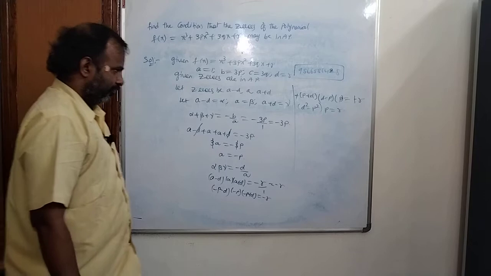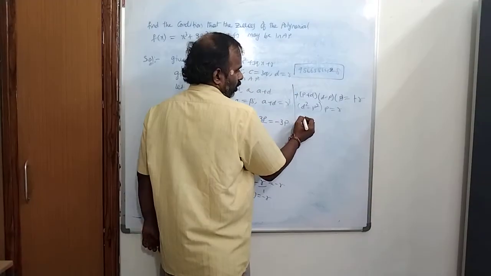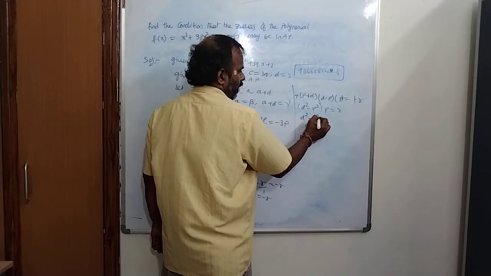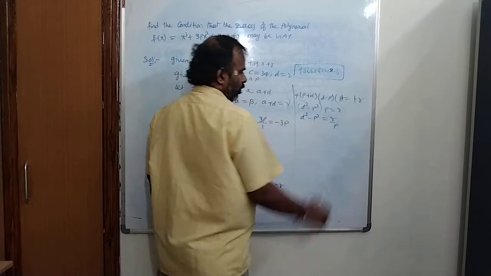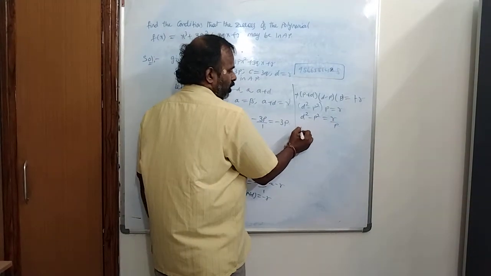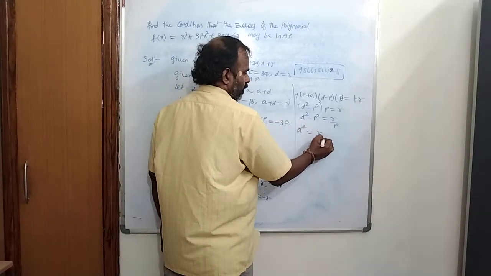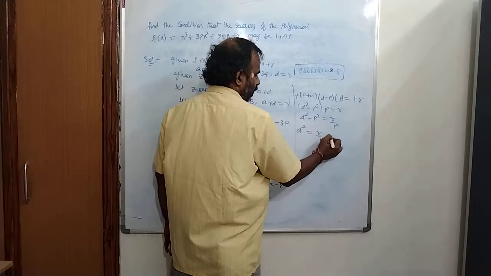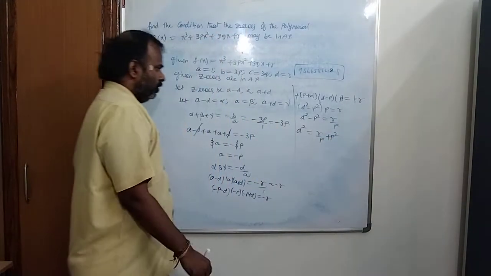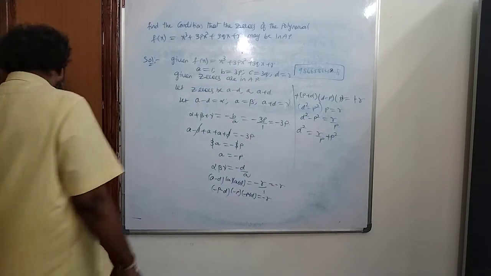So here, now d square minus p square is equal to r by p. d square is equal to r by p plus p square. So here what do we get?